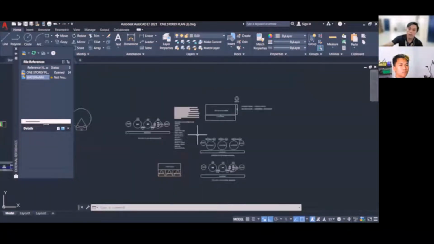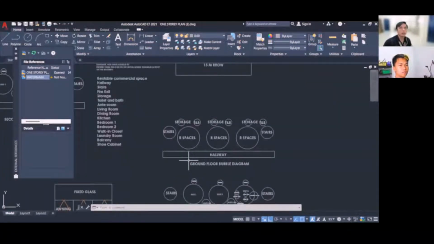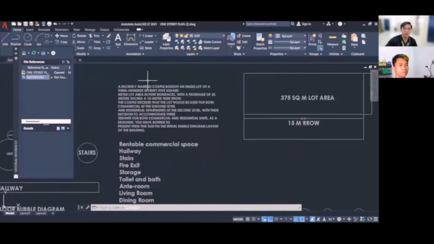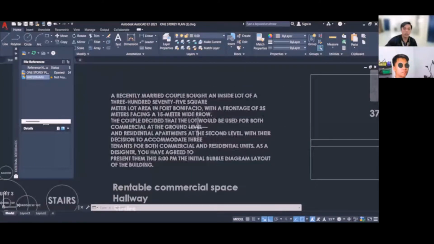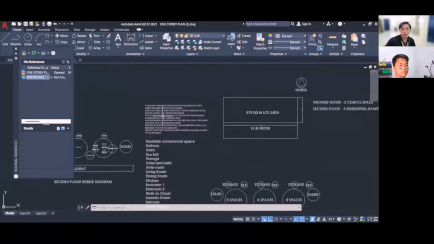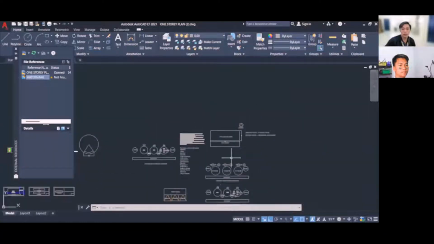So, yung iba, ang ginawa lang, isang unit lang sa bubble diagram. Which is, yun nga, na-fail nilang ma-realize na kailangan ng tig-tatlong units for both commercial and residential apartments. So, yun. Okay? So, dun pa lang alam nyo na kung paano nyo i-plot yung mga spaces.